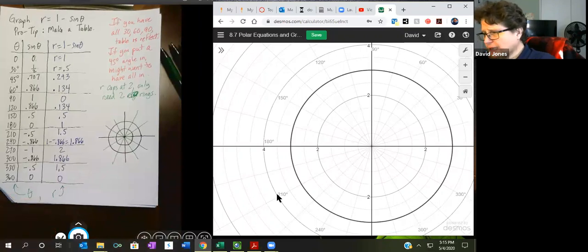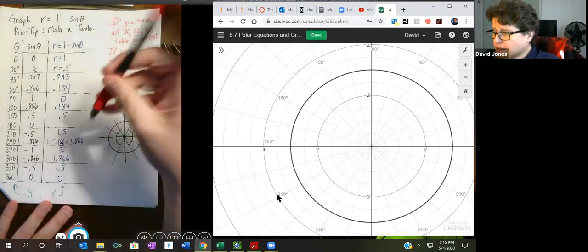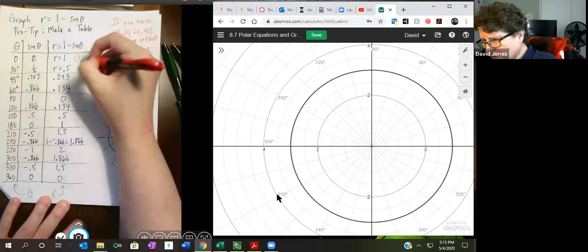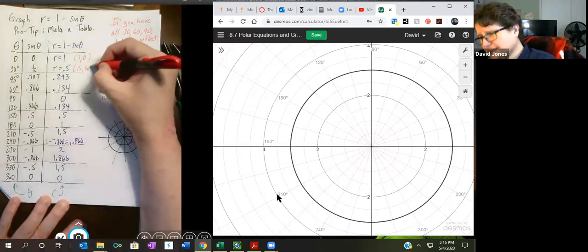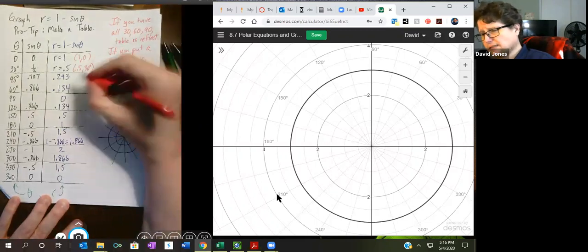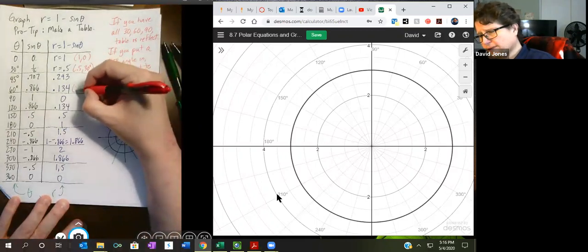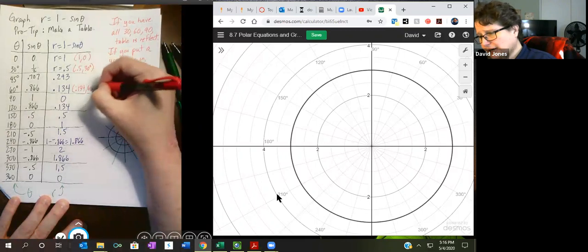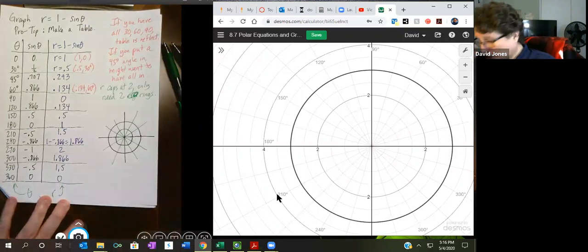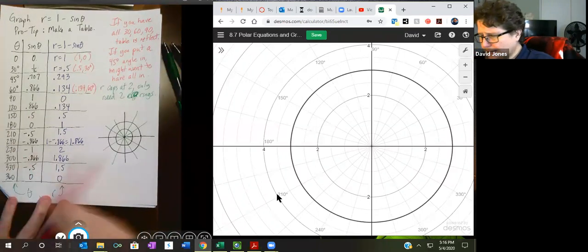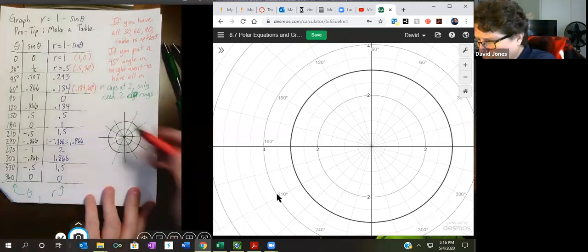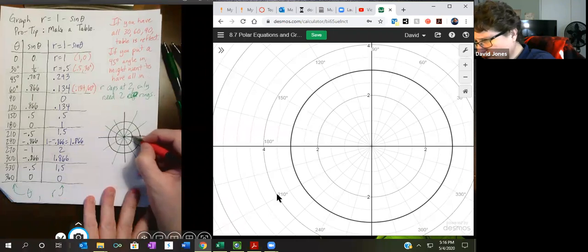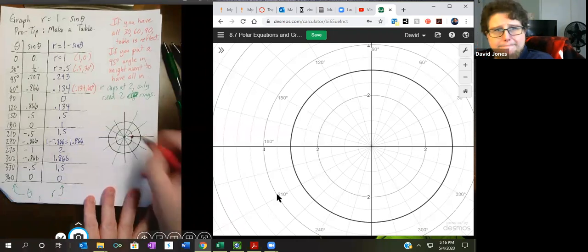If I rewrite them as points, I could do this over here on the right. This is 1, 0, 0.5, 30 degrees, 0.134, 60 degrees, and I can do them all that way. The other way, looking at the table, is to ask how many angles am I rotating, and then how far out do I go? When I don't rotate at all, I go out to R equals 1.